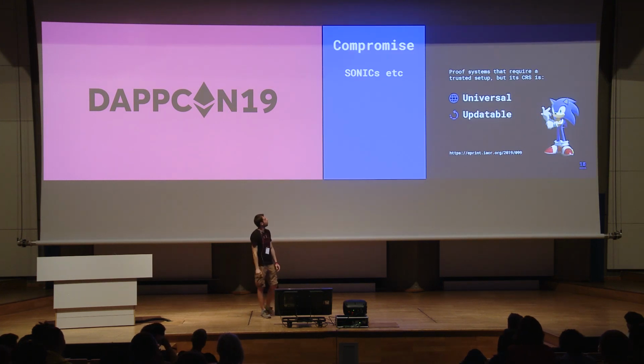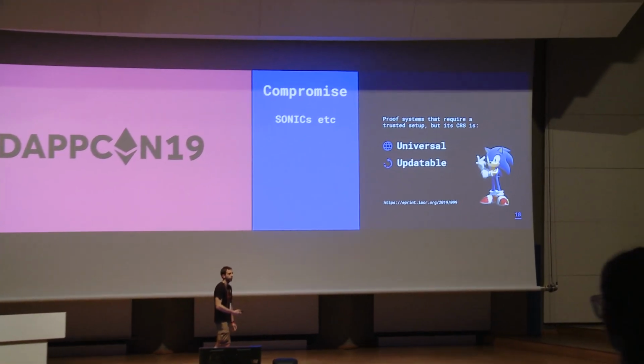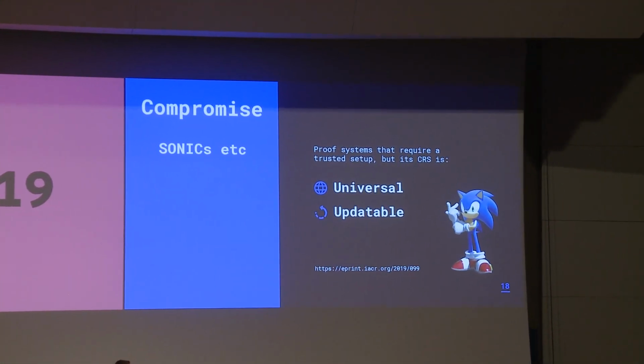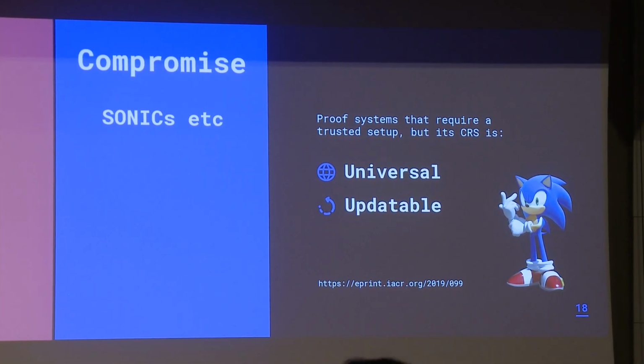We have research going on in this direction with a lot of brain power involved, which gave us Sonic and proof systems which will probably appear soon, similar to Sonic, which require a trusted setup to be done only once, which can be reused for any application. So you as developers will not have to bother about it.